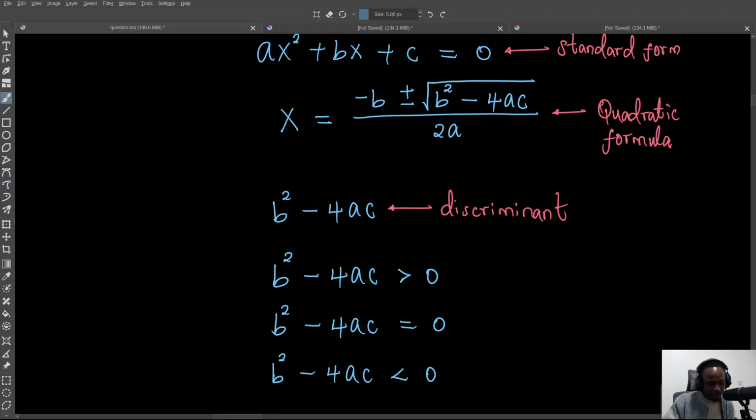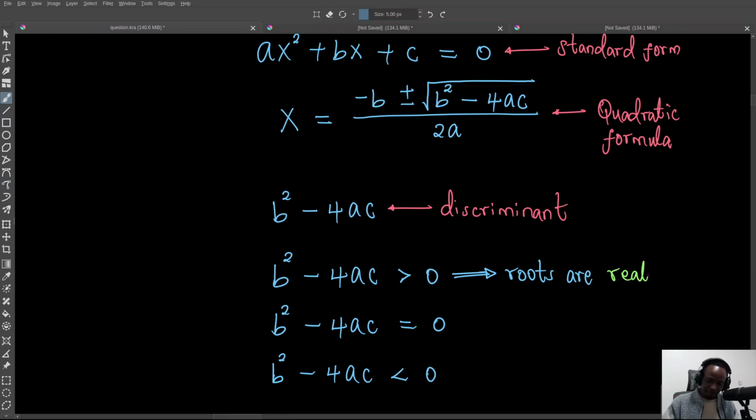So when b squared minus 4ac is greater than 0, this implies that the roots are real. The two roots of the quadratic equation are real roots. We are together up to that point.